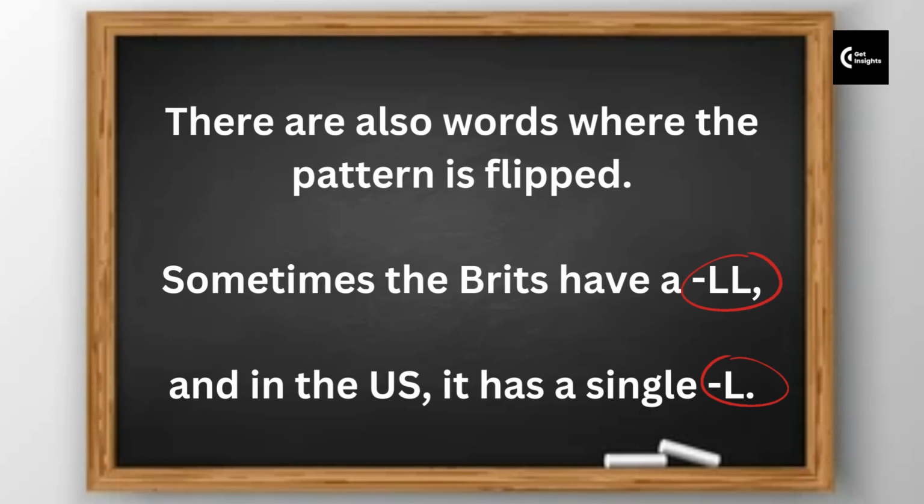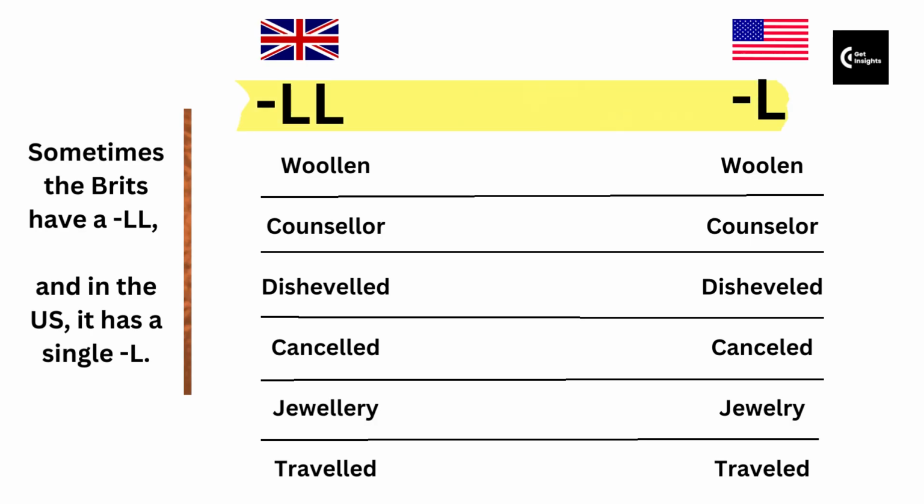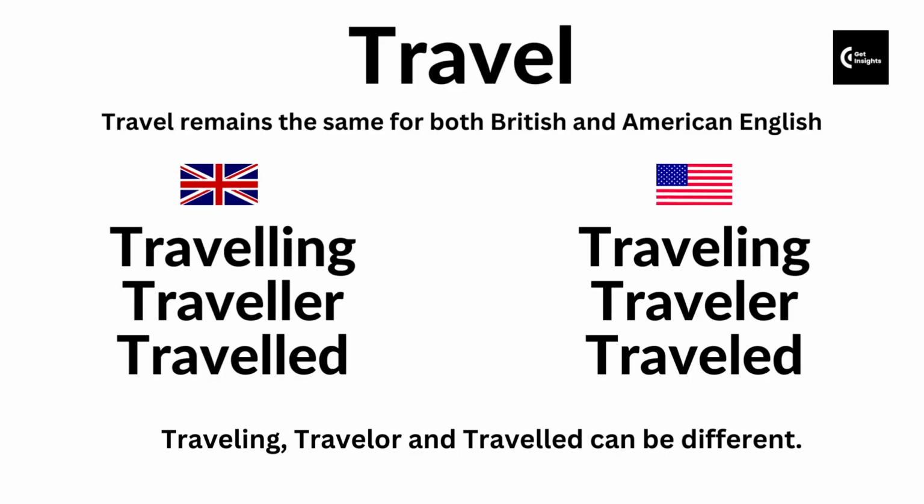There are also words where the pattern is flipped. Sometimes the Brits have a double L. And in the US, it has a single L. For example: woolen, counselor, disheveled, canceled, jewelry, traveled.